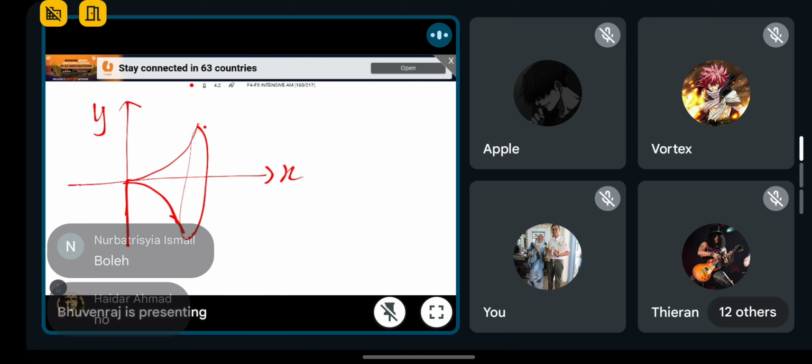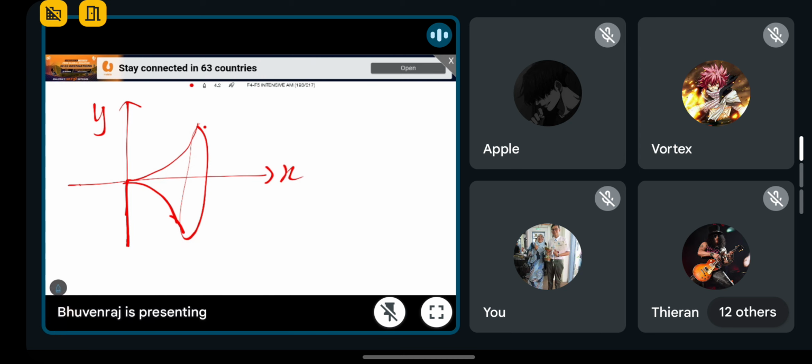Others? Just try to answer this. My answer will actually be no. Jawapan saya will be no. You know why, guys? Can you see this line over here? Is it a straight line or a curved line?